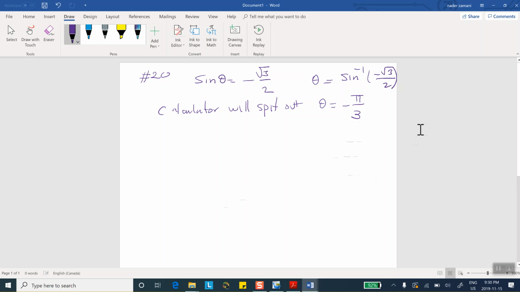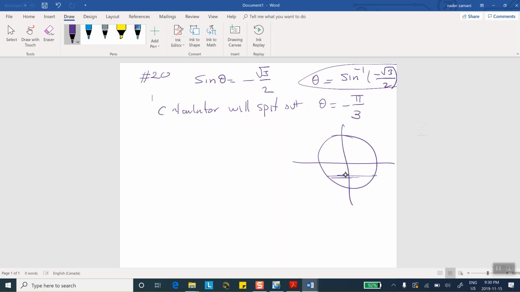Because remember, as soon as you try sine inverse, the angle that comes out is between minus pi over 2 and pi over 2. Go check your notes from the sine inverse function. Okay. Now, so here's the situation. Minus root 3 over 2 is some number here.